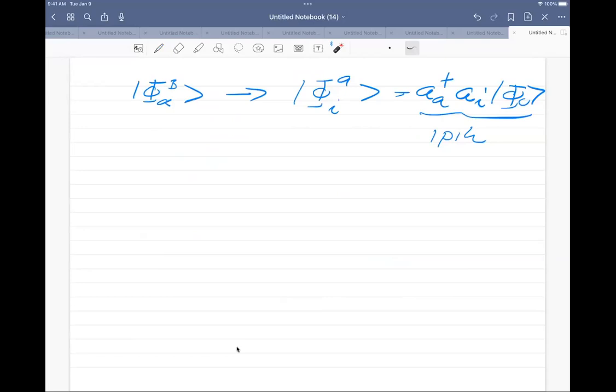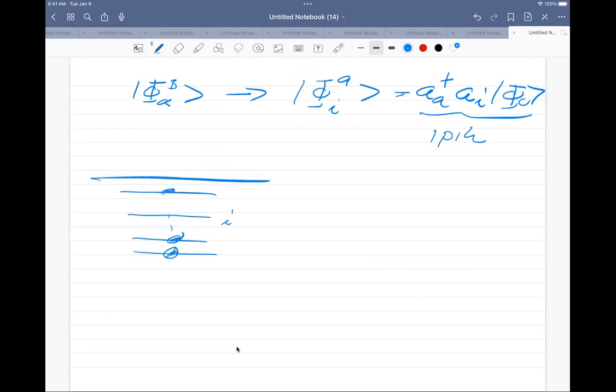If you go back and make a drawing, it means that you have all these states filled, and then there is a state I here. So these are filled up to the Fermi level. We have a Fermi level here, then all these states above, and then a specific state A. So we remove a particle at the hole state, and then we fill in a slot above the Fermi level.